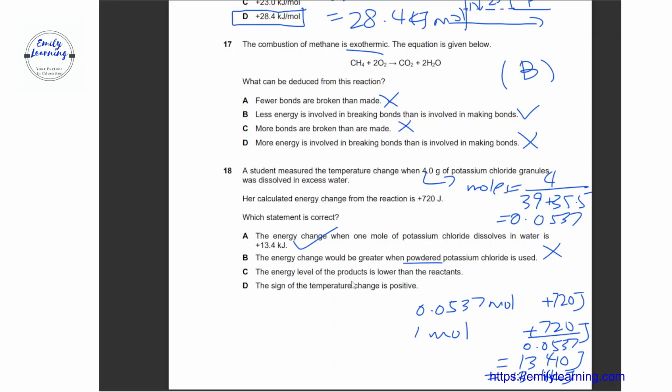For endothermic reaction, the product is at a higher energy level than the reactants. So the reactants are at a lower energy level than the product, so that your delta H is positive. So this is incorrect. The sign of the temperature change is positive. The sign of the temperature change is negative because the temperature decreases. So the answer for 18 is A.